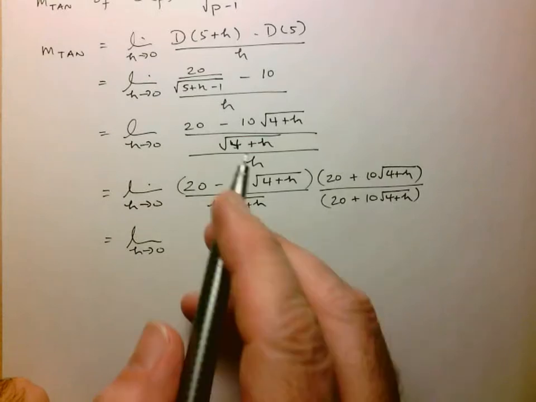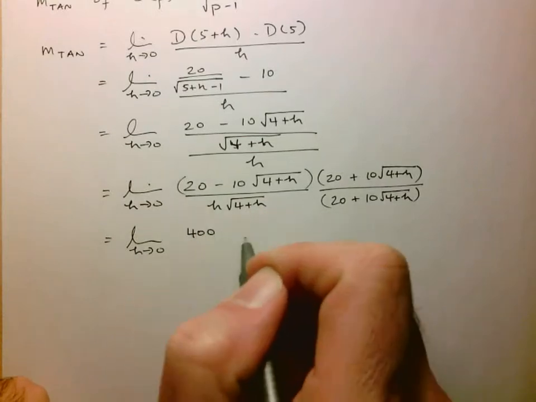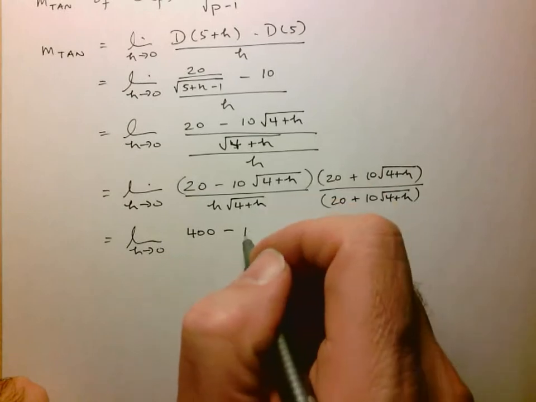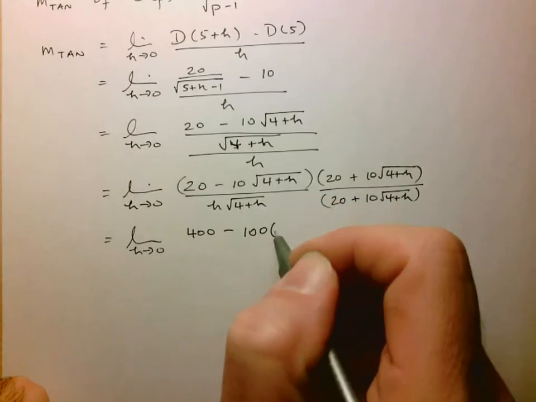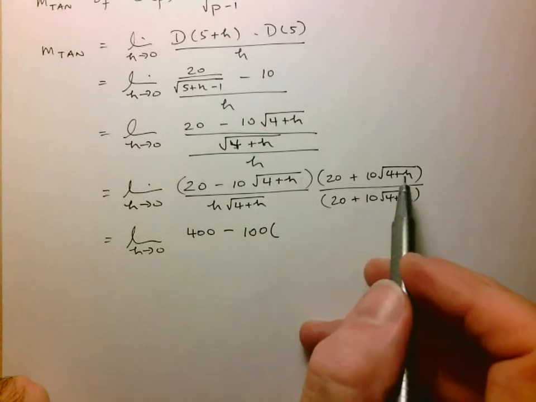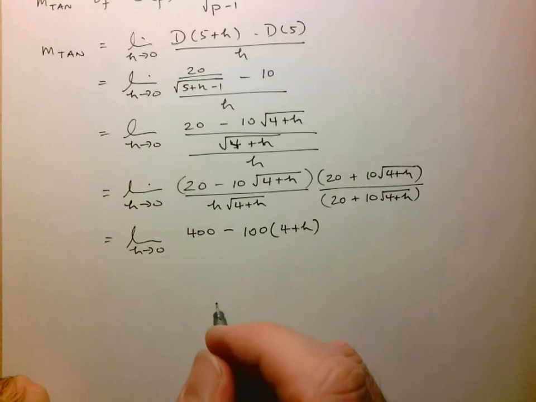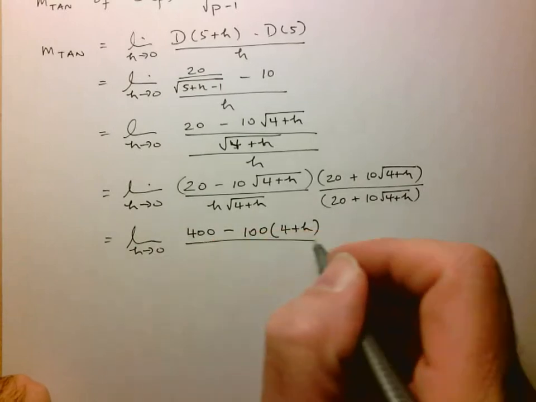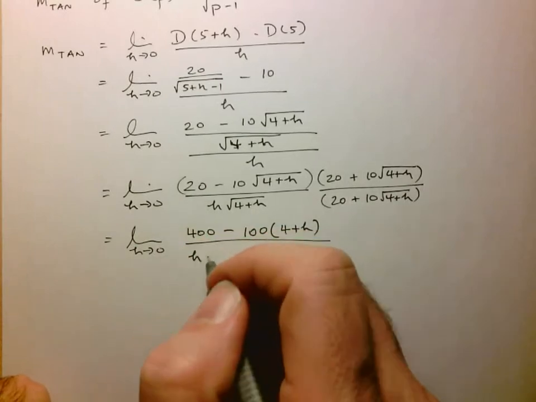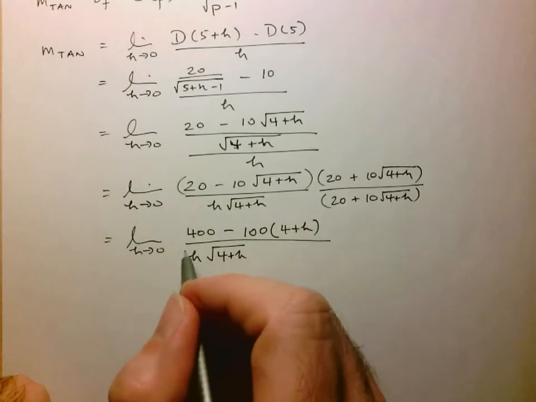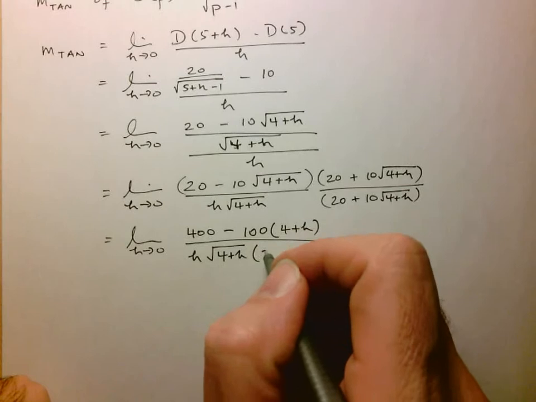I'm just left with 20 times 20, which is 400, minus this expression squared, so 10 times 10 is 100, and then square root of 4 plus h times square root of 4 plus h is just 4 plus h. Of course, make sure you get all that in brackets. In the denominator, I'm not going to be multiplying anything out because I want to keep this factor of h separate.